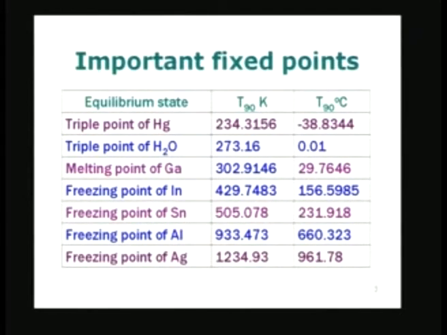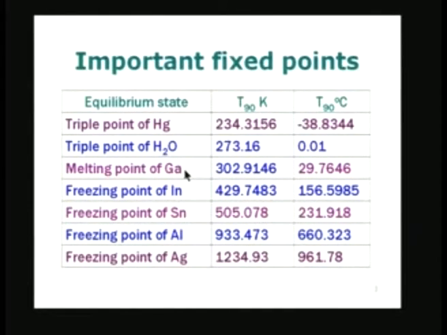So, the fixed points to cover the higher temperature range are given in this slide. Triple point of mercury, triple point of water. In fact, if you recall, 273.16 Kelvin, the triple point of water, was considered as the first single fixed point for thermometry.